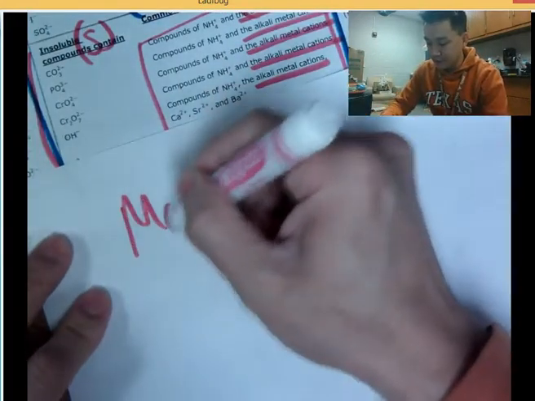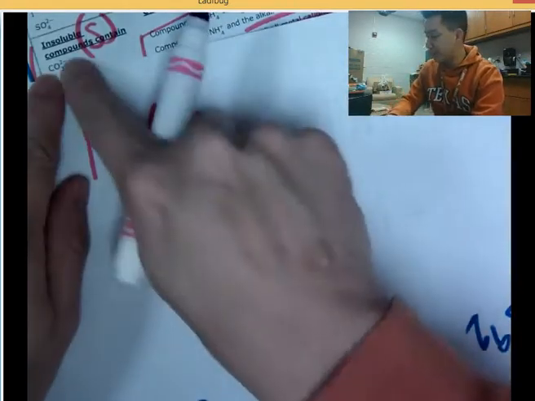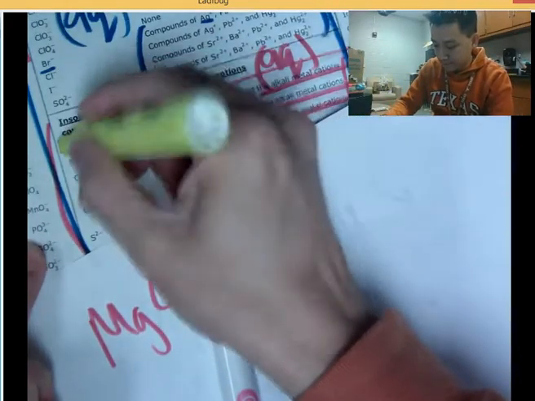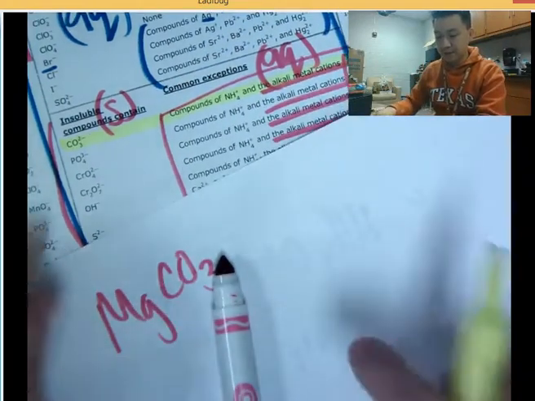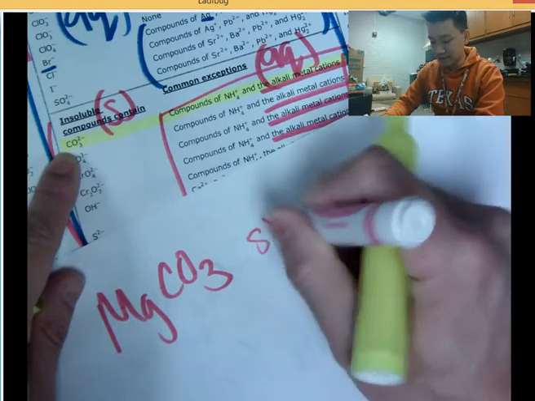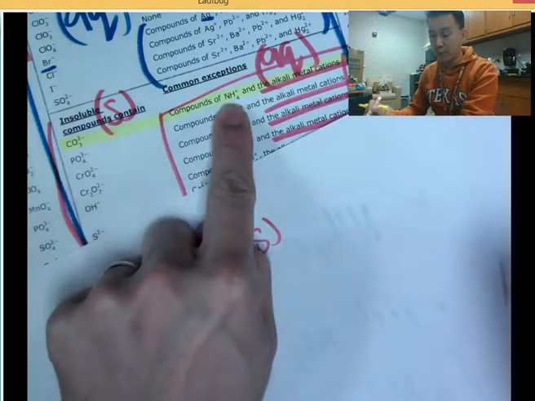Some examples. Look at MgCO3. You look at the rule for CO3 here. CO3 is insoluble, so we assume it's a solid. Is Mg NH4? Nope.